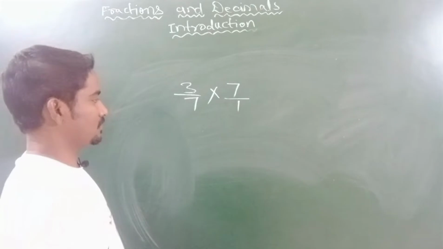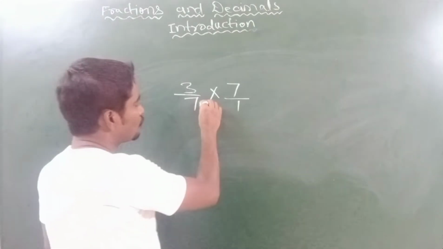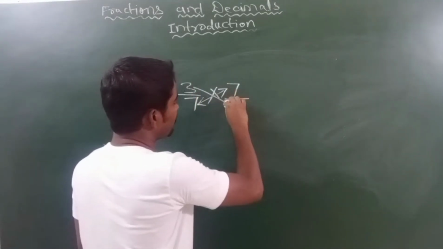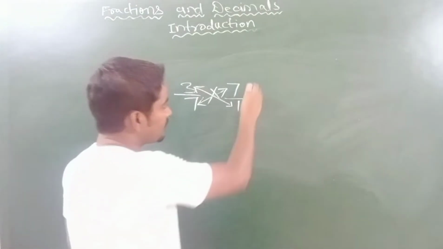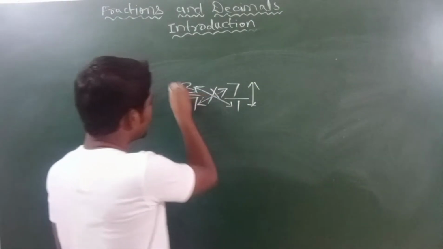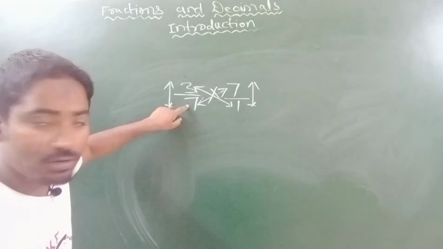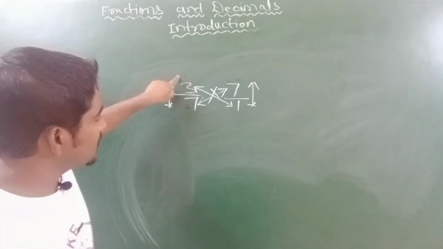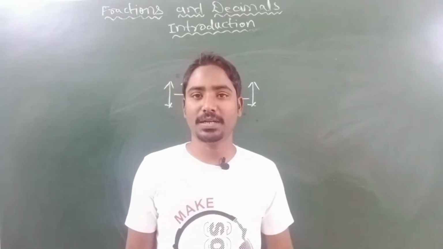Now suppose here we will find the common factor. So two possibilities are there, students. Diagonally we will have one possibility between numerator and denominator, and then vertically also we will have one possibility, because this and this is also numerator and denominator.